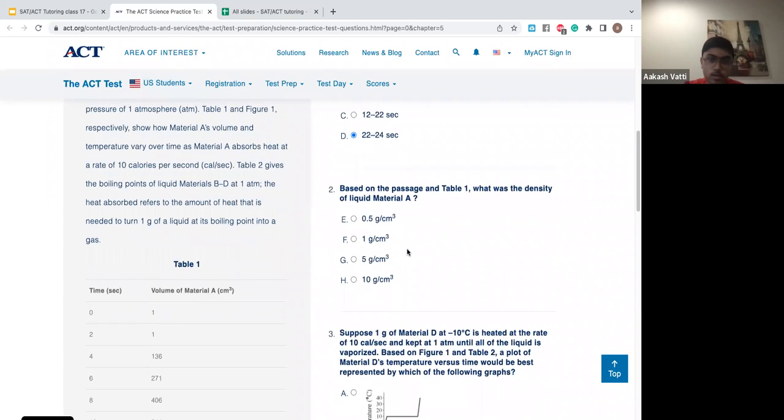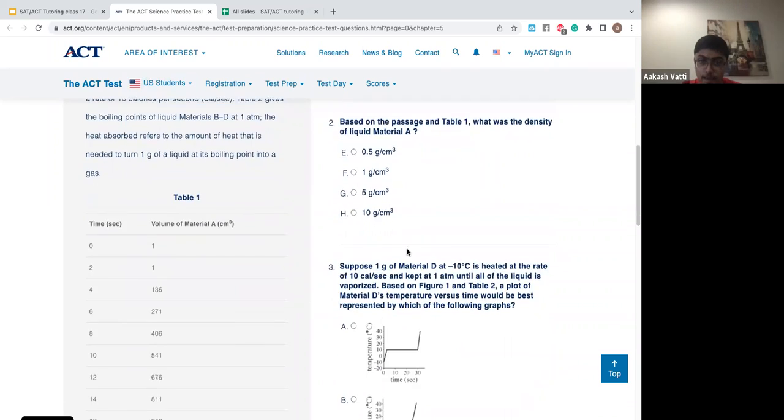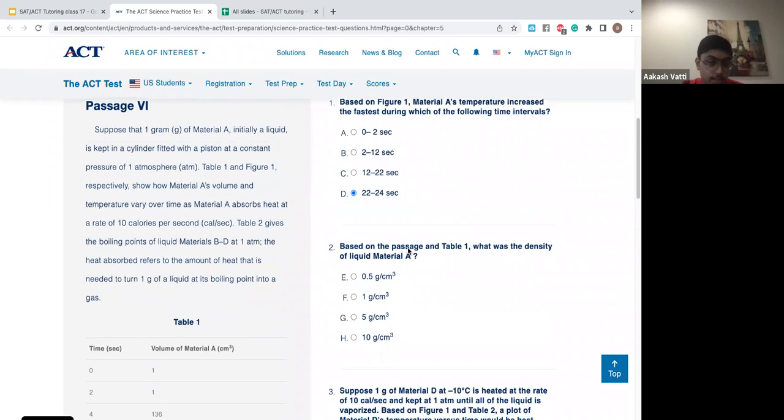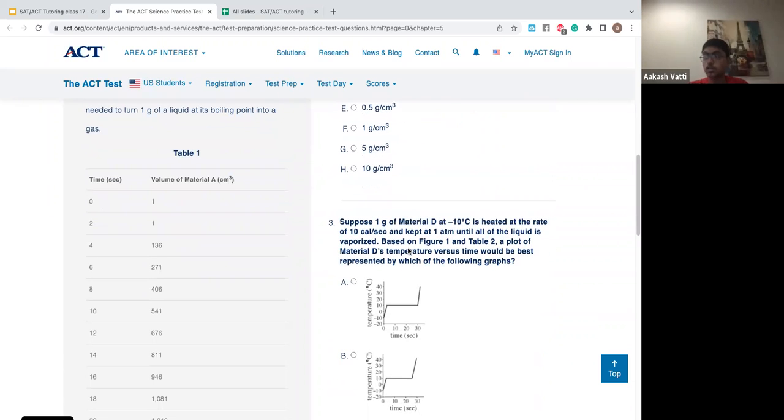All right. So for this question, I'm going to look down at table 1. What is the density? So I would say the answer to this one is probably F.